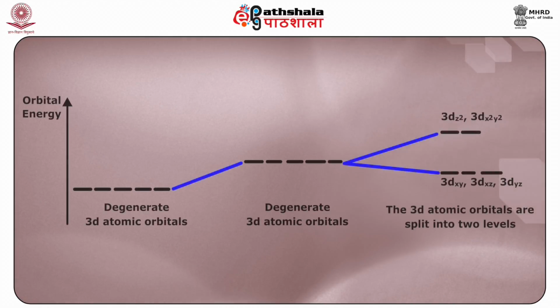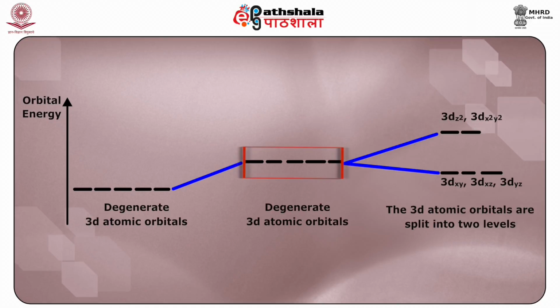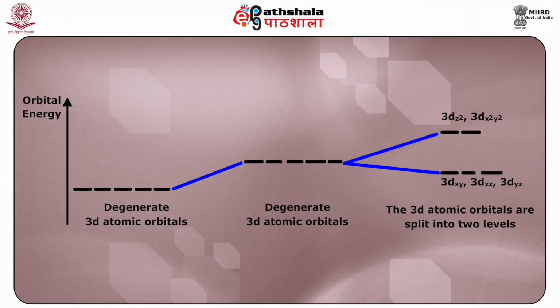In a free metal ion, the 5 d orbitals, namely dxy, dxz, dyz, dx²-y² and dz², are degenerate in nature. When we apply a spherically symmetric field, the energy of d orbitals is raised up due to the electronic repulsions, but it still remains degenerate.